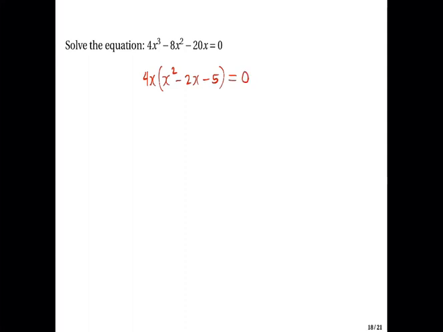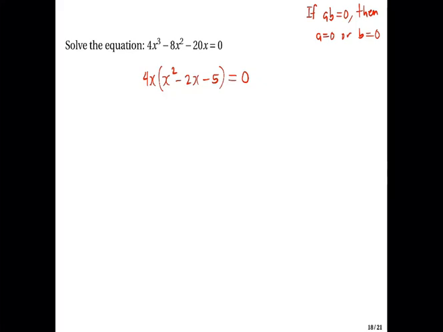Let me recall the zero property. Remember, if the product of a times b is equal to 0, then a equals 0 or b equals 0.